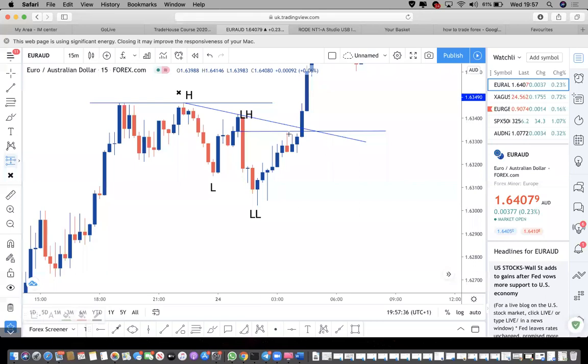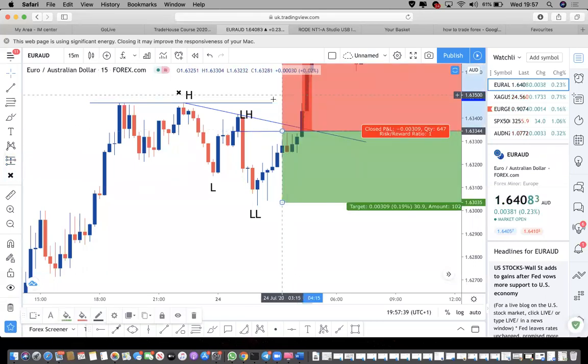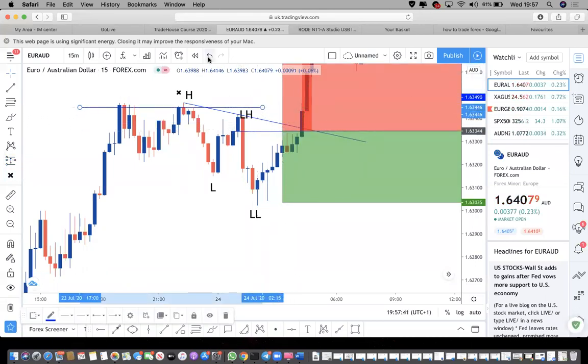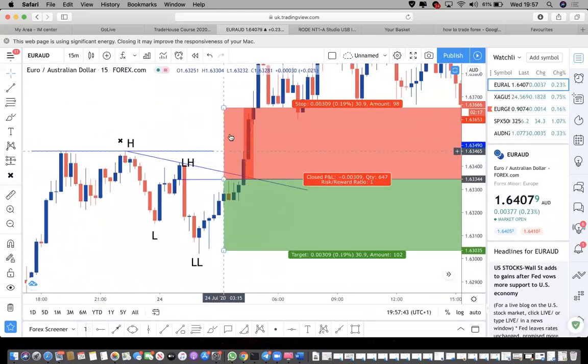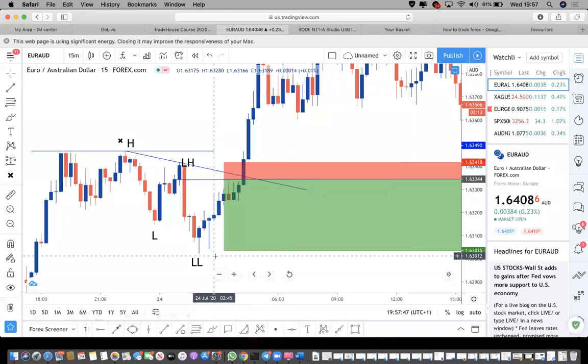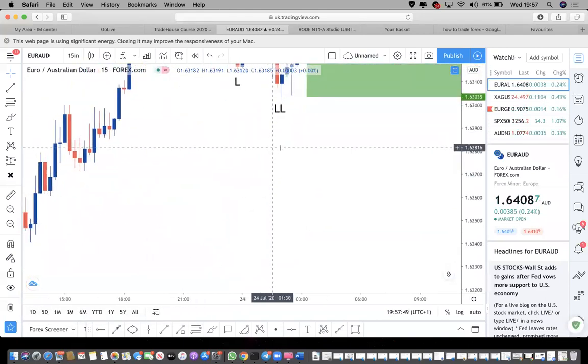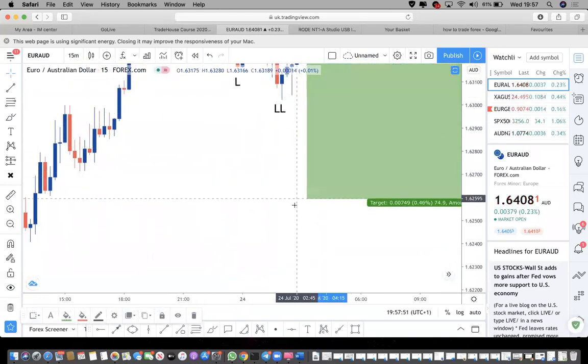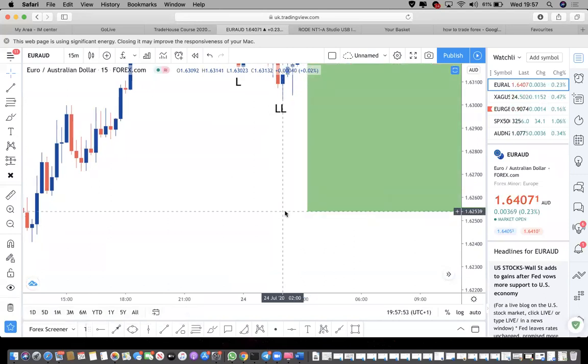This would be my setup right here. Sell right there with my stop loss here. And I'll be looking to target the next imbalance, which is around this area for my TP.